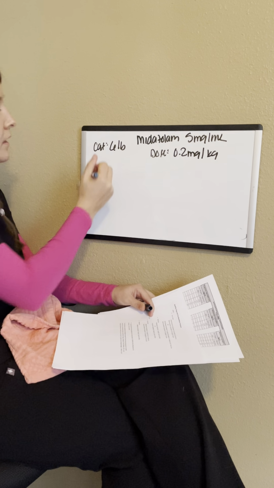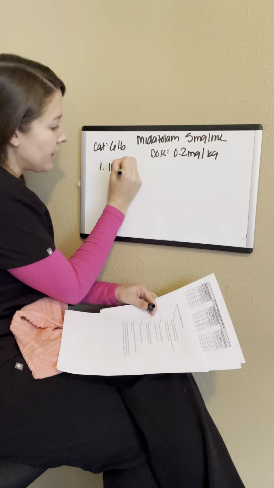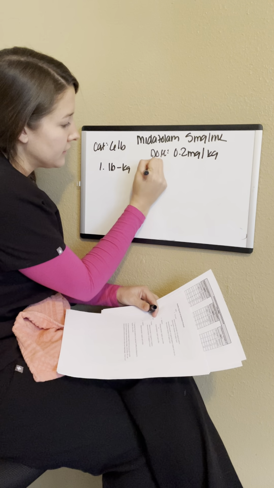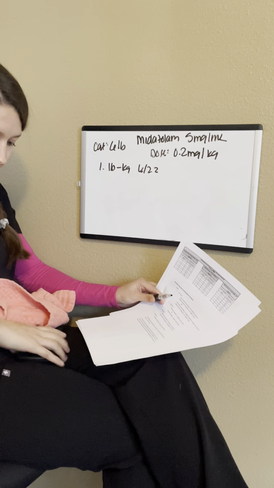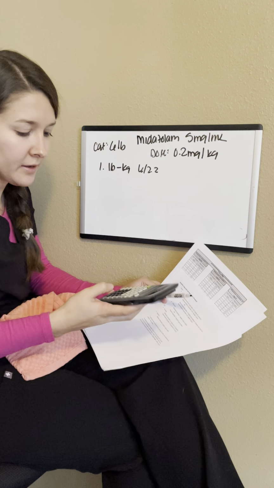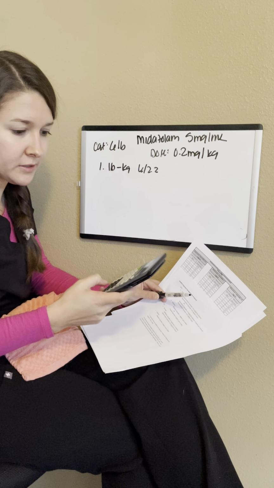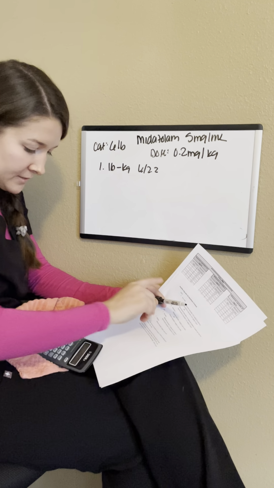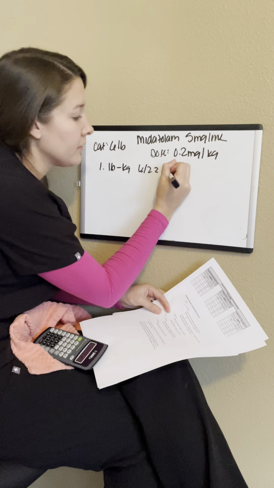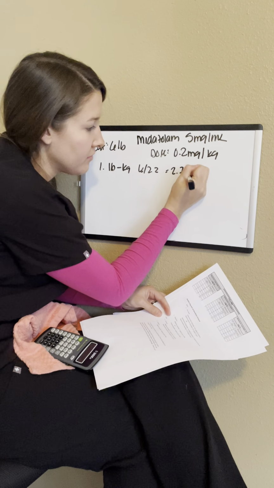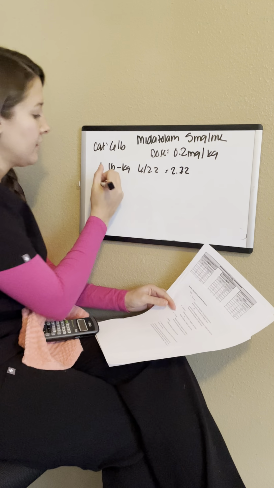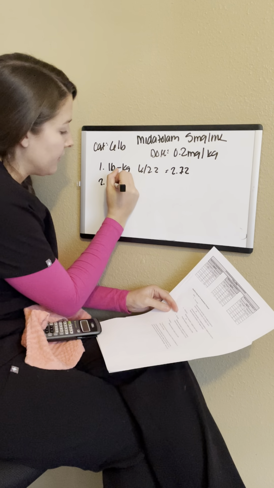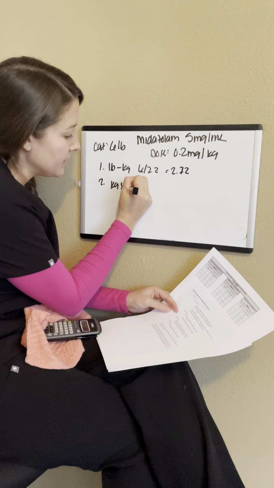All right, so first thing, pounds to kgs, 6 divided by 2.2. 6 divided by 2.2 is 2.7, 2.72 if you want to get specific. So next thing is going to be your kgs times mgs.